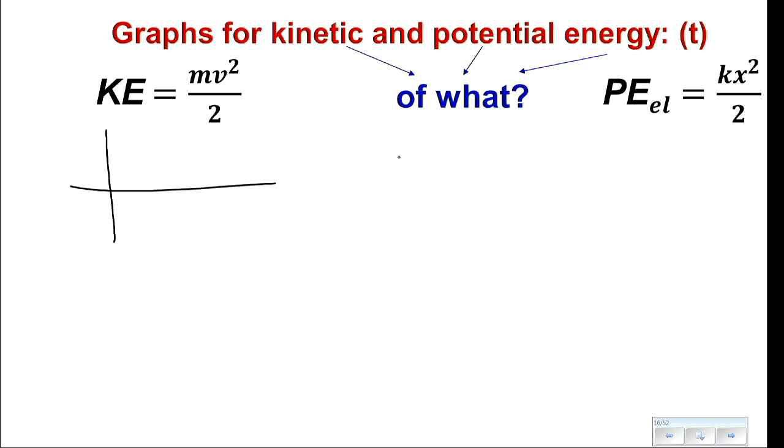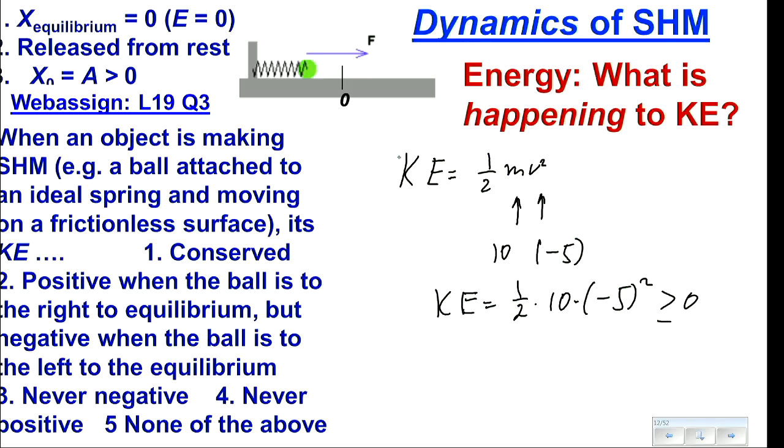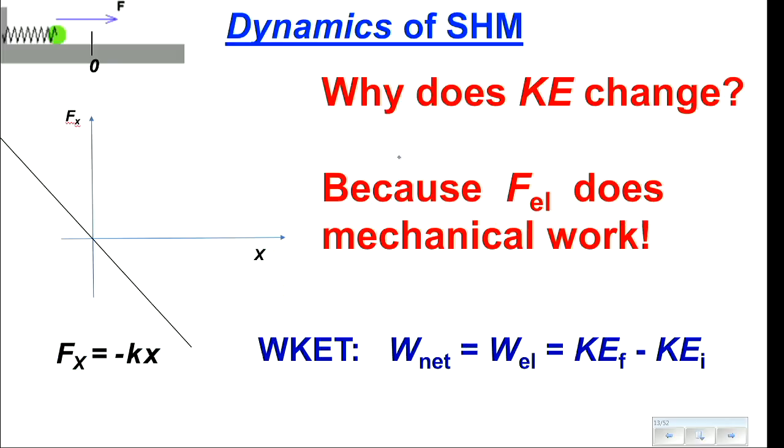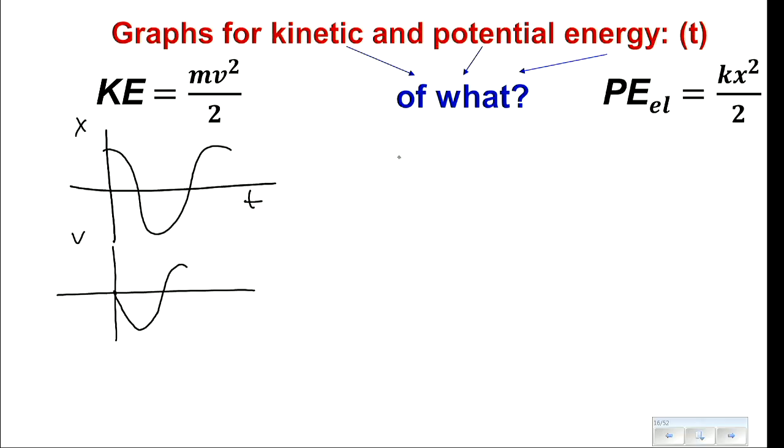So let's talk about this special case. Start from equilibrium, start from rest. It doesn't affect anything. It's just something we're already familiar with. Time. Velocity starts from rest. Go like this. And that's it. Now, kinetic energy.